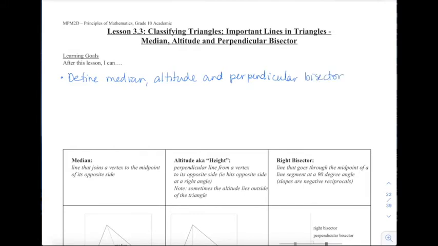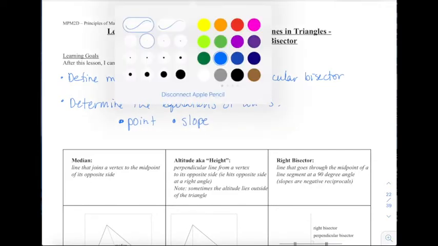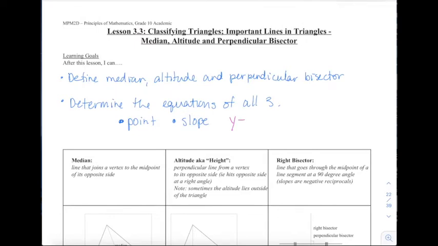And we need to determine the equations of all 3 of these. So in order to do that, I need to know which point and which slope to put into the formula y minus y1 equals m times x minus x1.